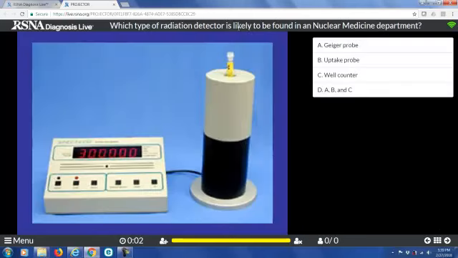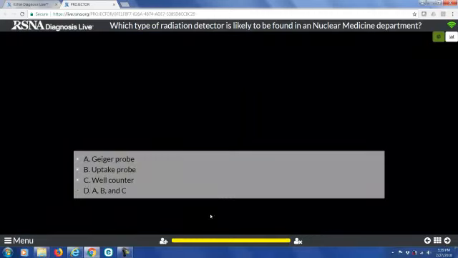What type of radiation detector is likely found in a nuclear medicine department? The picture here shows you a dose calibrator to measure the activity before it's administered to the patient. But will you also find a Geiger probe, an uptake probe, a well counter, or all of these in a typical nuclear medicine department? Pause your videos, and the correct answer is all of these.